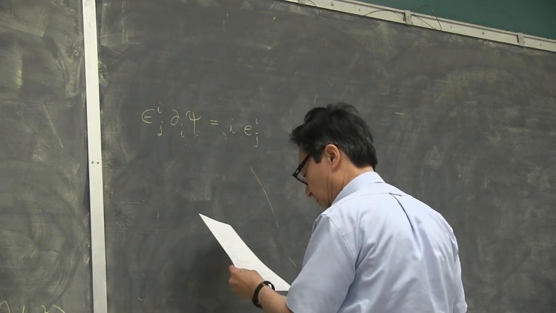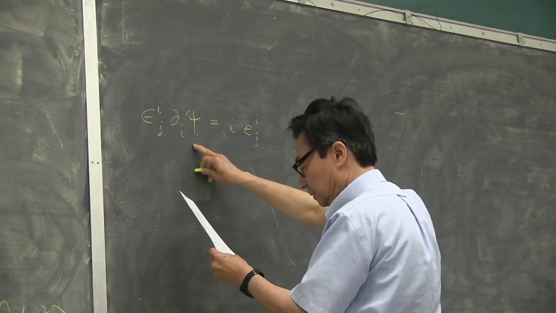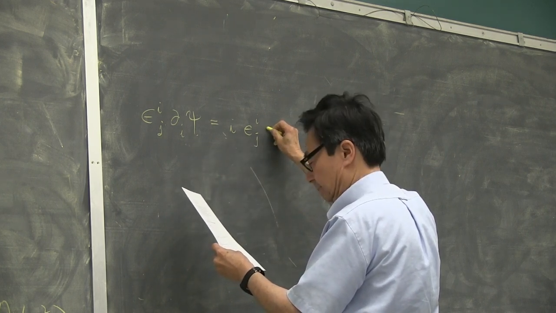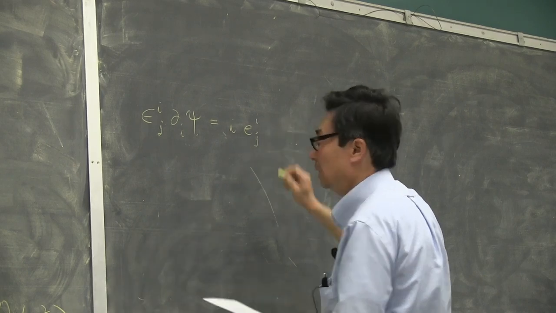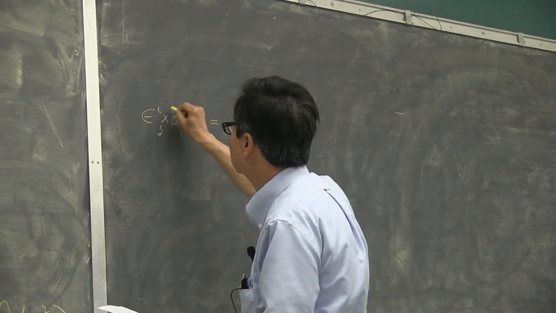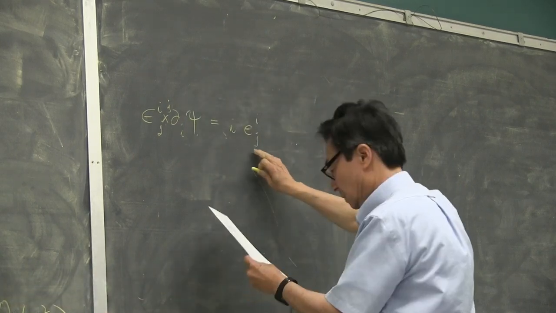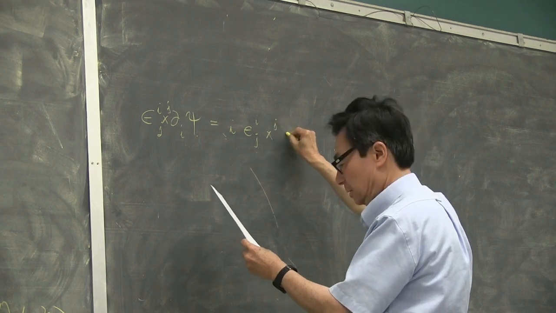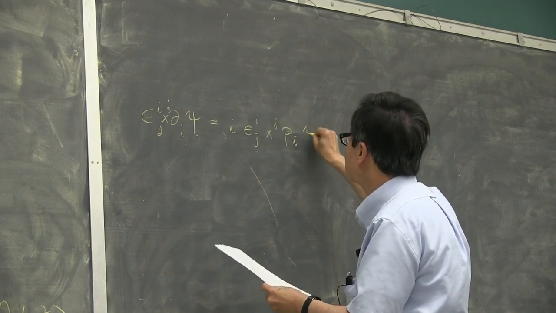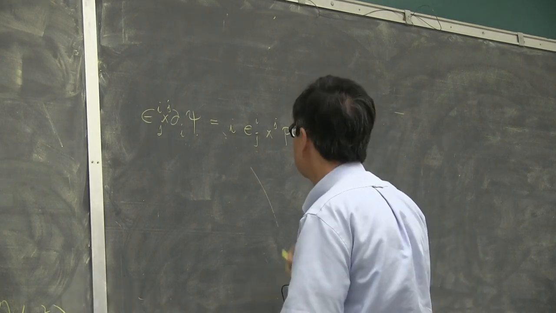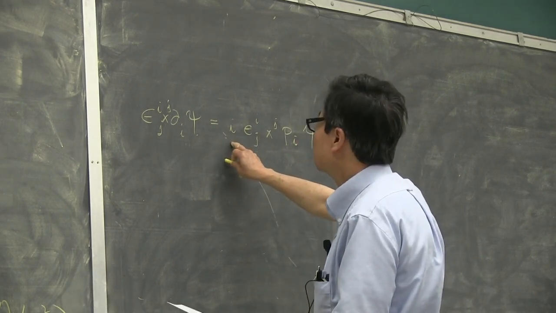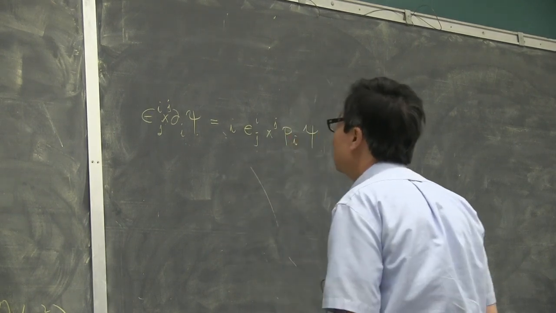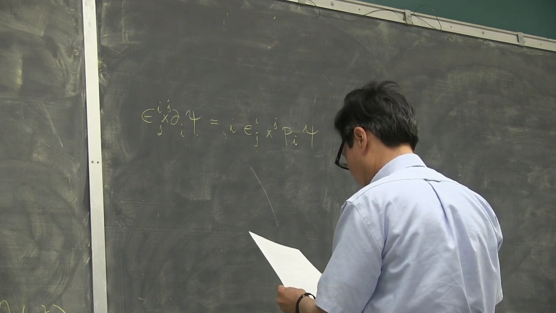So I'm going to replace the d_i by p. I'm missing something in it. There's an x_j in here. Right? So it's i epsilon_ij x_j p_i psi. Okay, the d_i gets represented by minus i h bar p, like that.